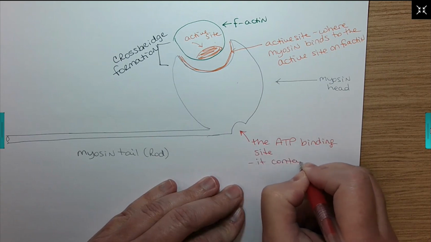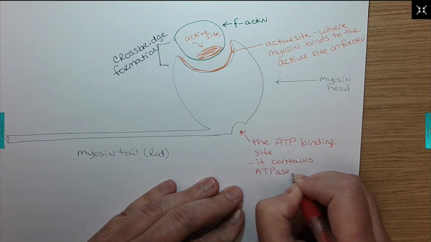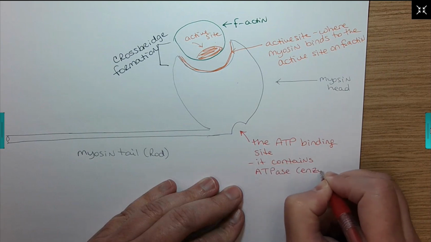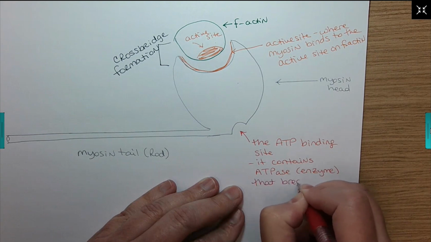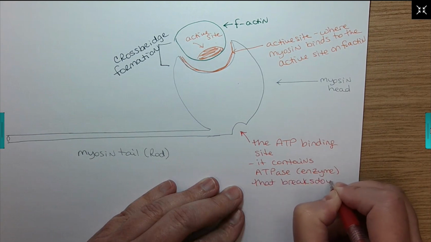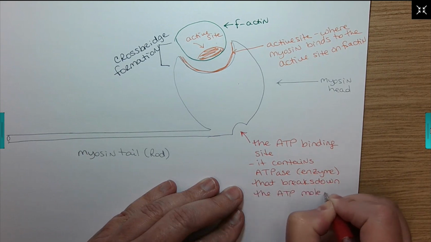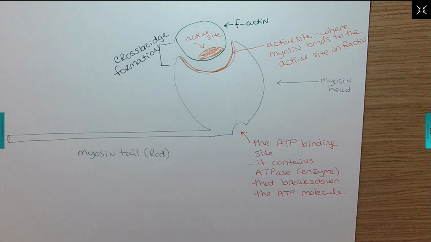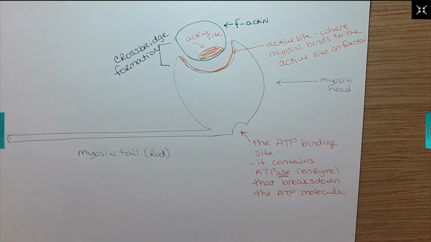It contains ATPase, which is an enzyme that breaks down the ATP molecule. Remember, anything that ends in ACE is an enzyme. It's an enzyme if it ends in ACE. So this is where ATP comes in and binds to the whole molecule.